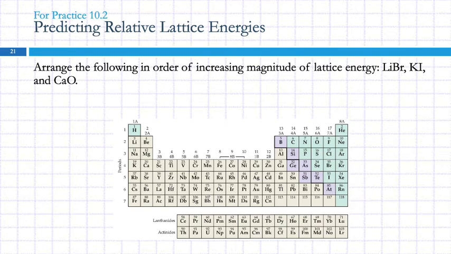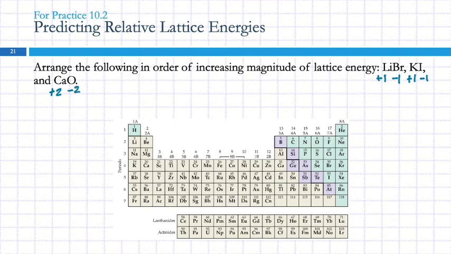What's the charge on a lithium ion? Plus 1. And a bromide ion? Negative 1. How about potassium? Plus 1. And iodide? Negative 1. Okay. What about calcium? It's positive 2, and oxygen is negative 2.